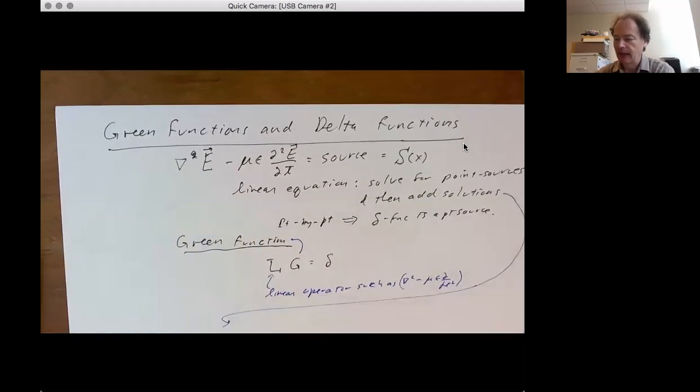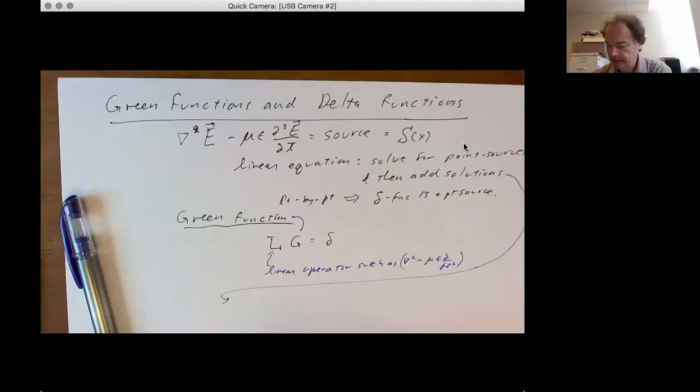Now, to see what we mean when we say add the solutions, let's add the solutions. So we'll take the integral of both sides, integral of L, G of x prime, S of x prime, dx prime.